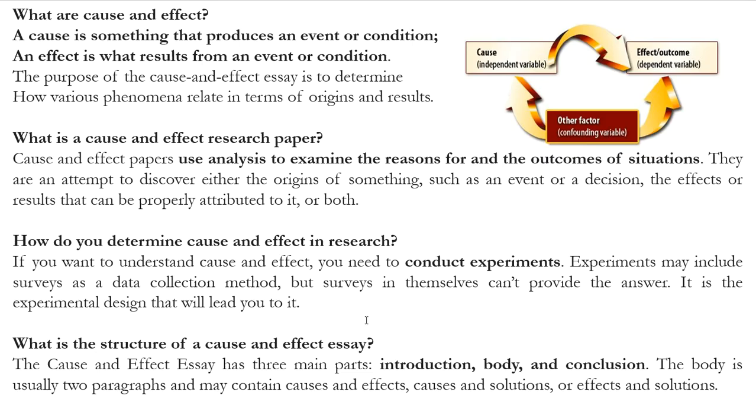Then what is the structure of a cause and effect essay? The cause and effect essay has 3 main parts: introduction, body, and conclusion. The body is usually 2 paragraphs and mainly contains cause and effect, cause and solution, or effect and solution mode.